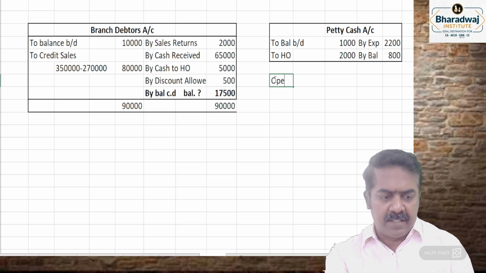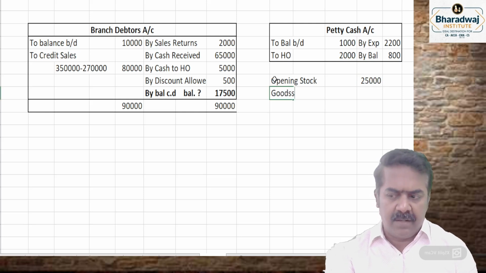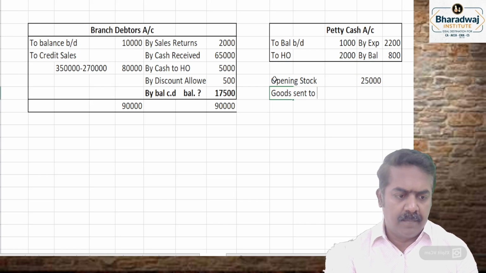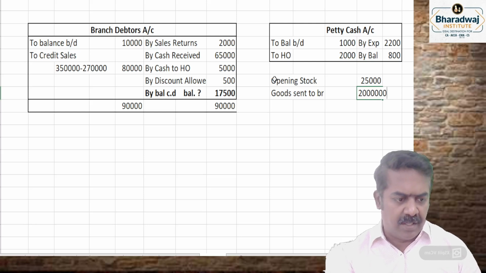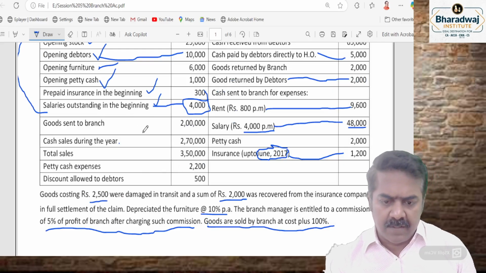What is opening stock? 25,000. How much of goods sent? 2 lakhs or 2 lakh 50? 2 lakhs. Goods sent 2 lakhs.